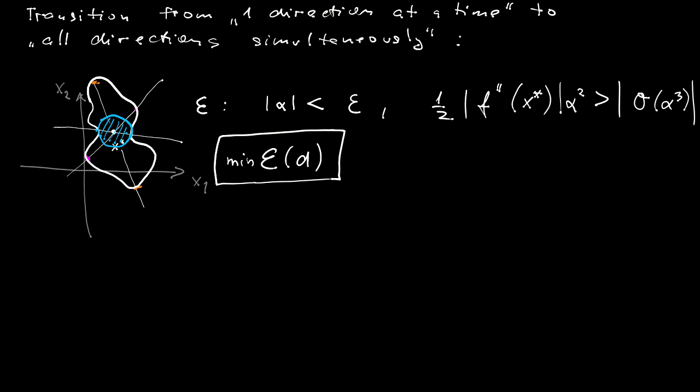So the whole question boils down to the existence of a minimizer for epsilon. Here, by drawing this blue circle or disk, I already answered that yes, in this case it can be expected that such a minimum exists, but let's make it a little bit more formal, because this will come in handy in future.